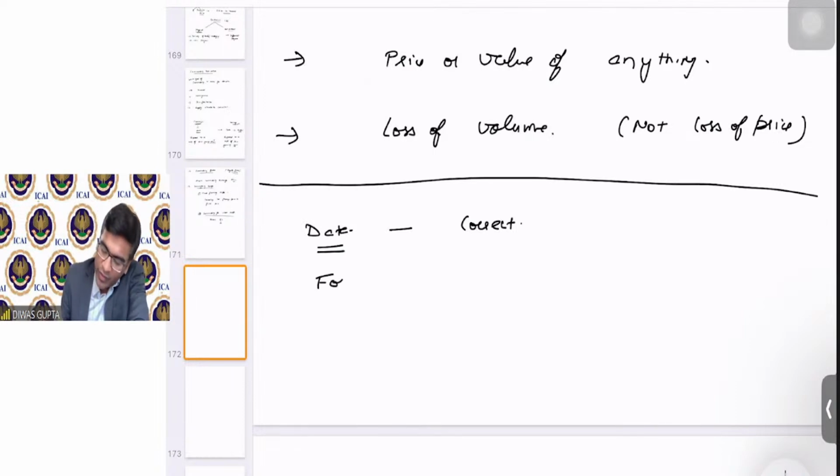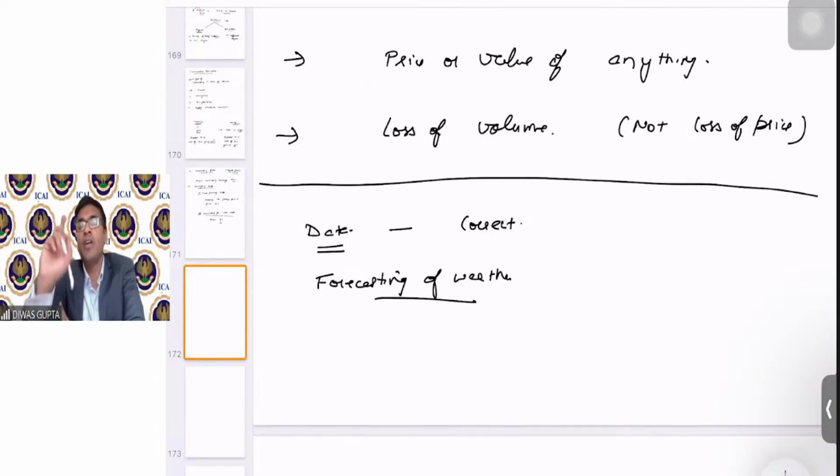Then forecasting of weather. Students, we know that forecasting of weather is a problematic issue, right? Sometimes we forecast it is going to be something, but it never turns out to be that, or sometimes it does turn out to be that. So in that case, your position of long or short on that weather derivative will also become distorted.